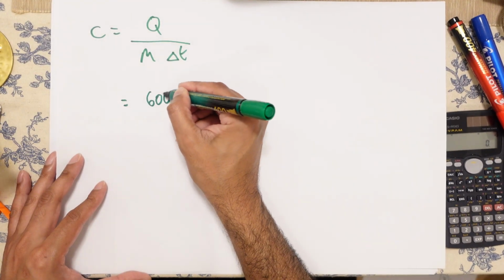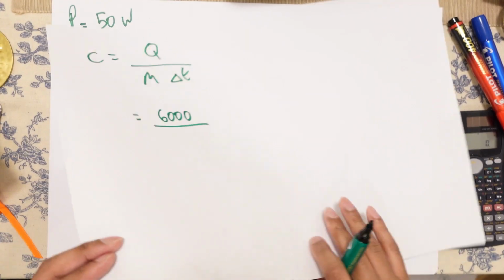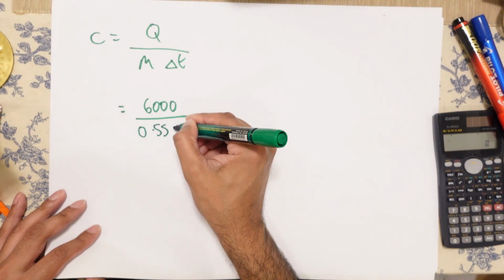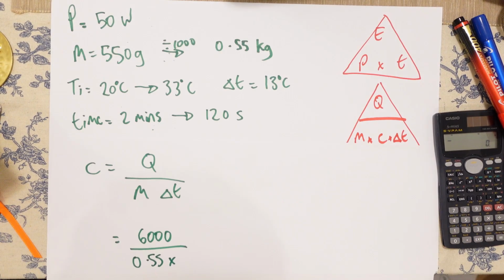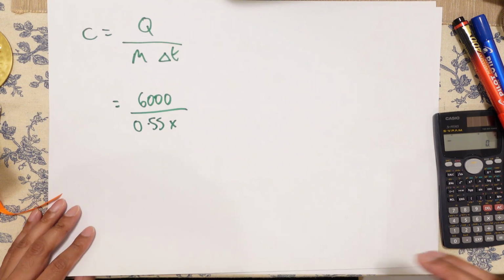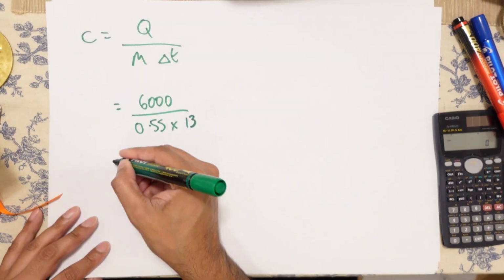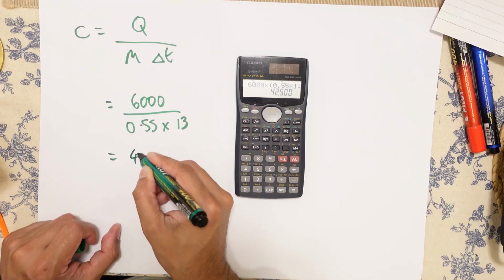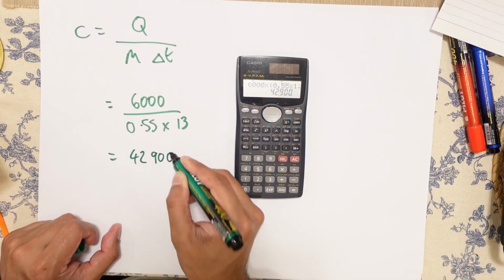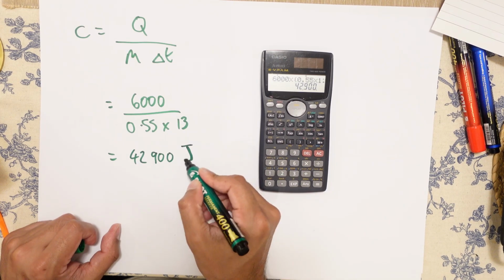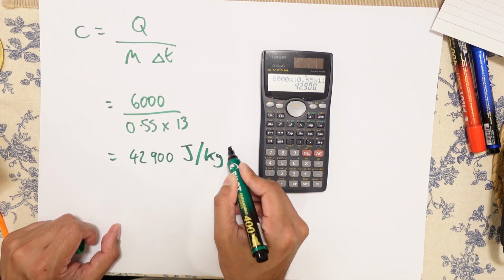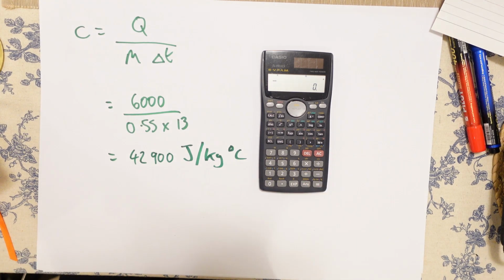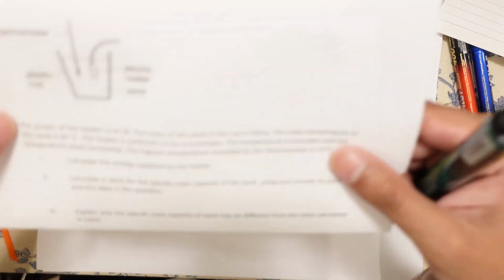So 6,000 divided by the mass of the sand, which is 0.55, multiplied by the delta T, which is 13 degrees Celsius. Do that, and that is 42,900 joules per kilogram degree C. Nice and easy. Let's now look at the very last part of the question.